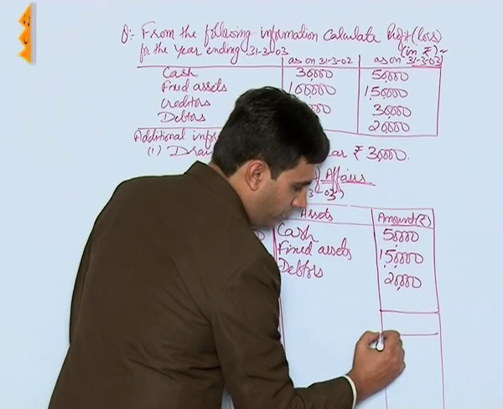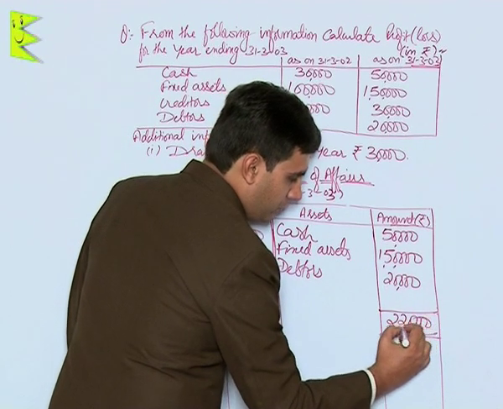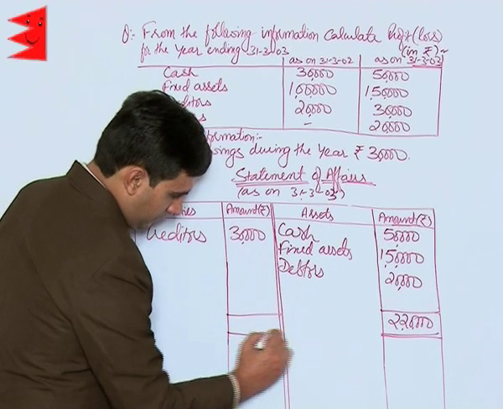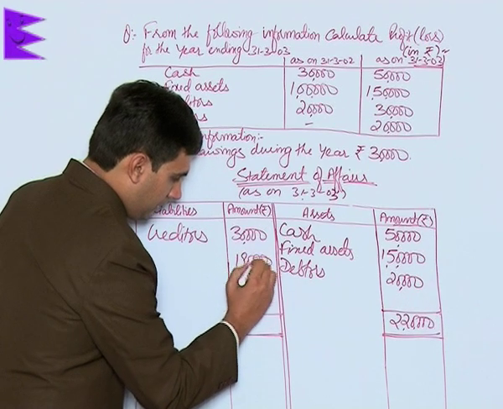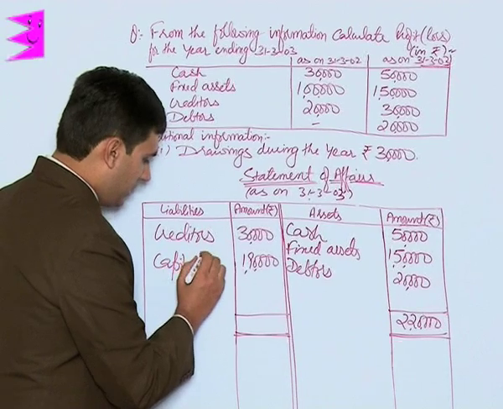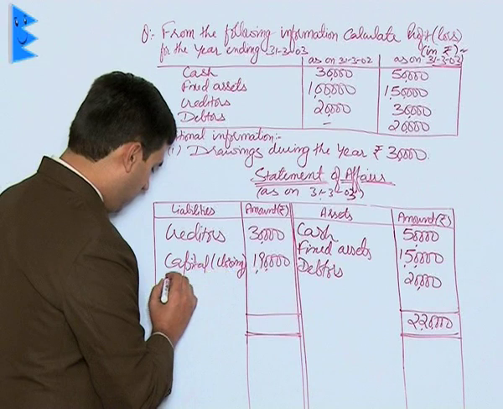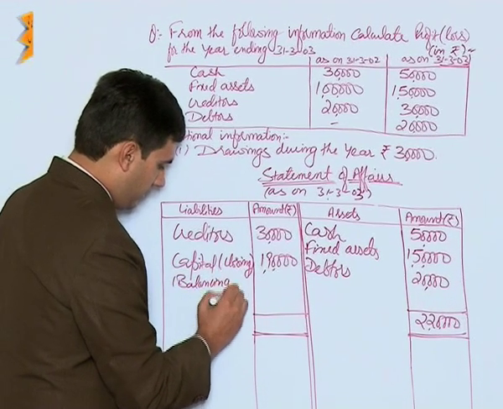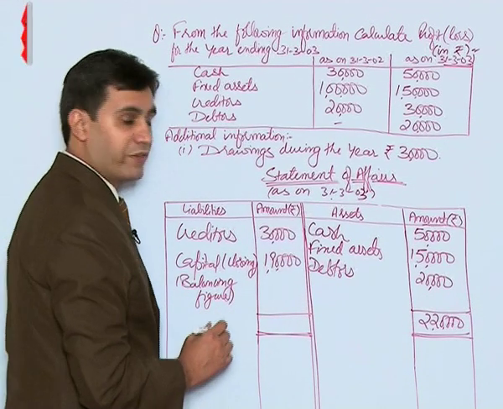So totaling it out, it will be 2,20,000 minus 30,000. The amount comes to 1,90,000. This would be capital. And obviously we can write it as closing here in the bracket. Remember, this is a balancing figure. It is not something which is given to you in the question.